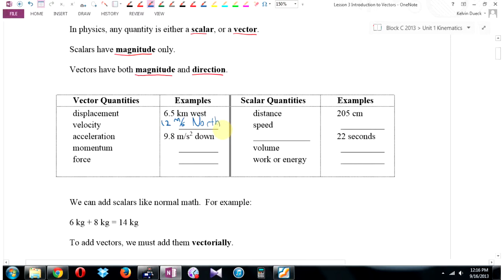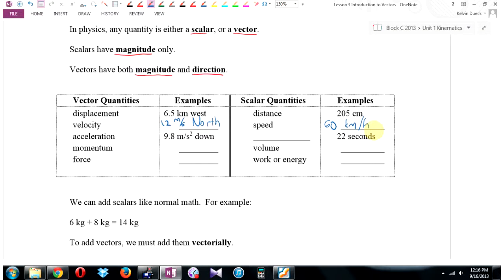Speed is a scalar, 60 kilometers per hour. It's the speed on a major city road, or 50 kilometers an hour is the speed in the suburbs, or 30 kilometers an hour is the speed in a school zone, but we don't attach a direction.